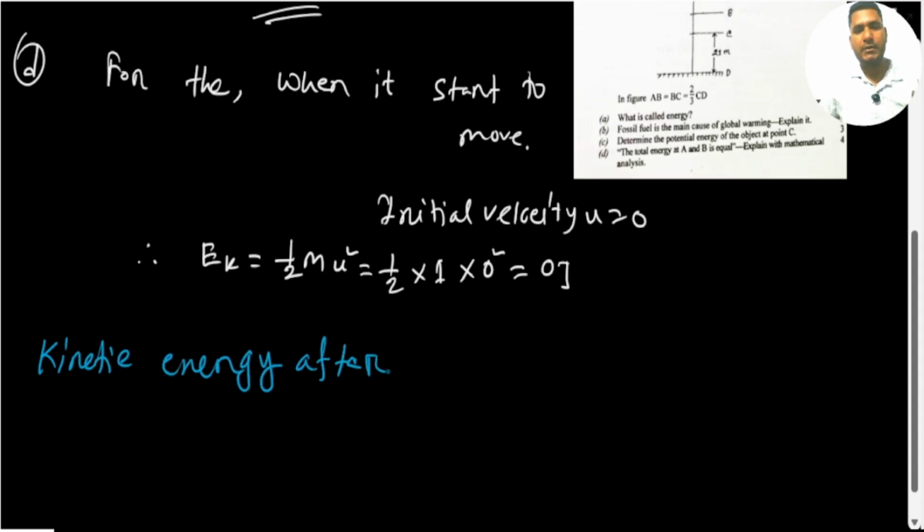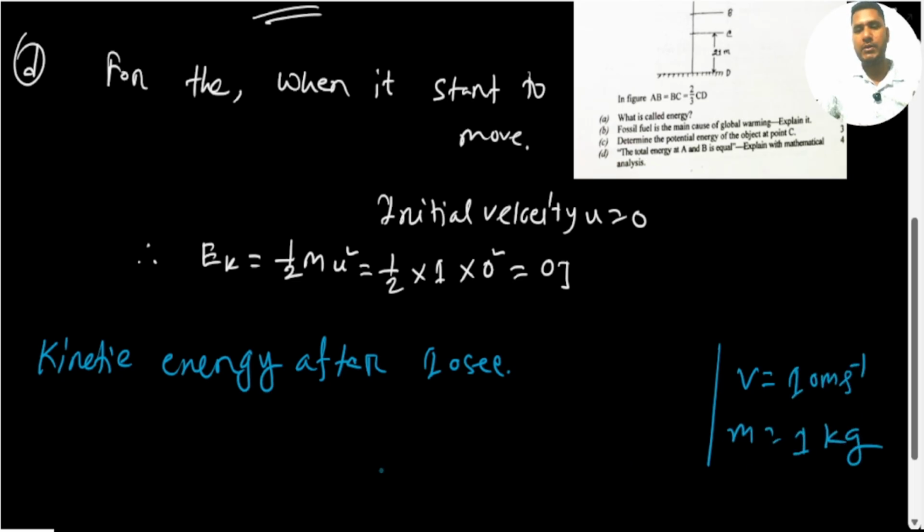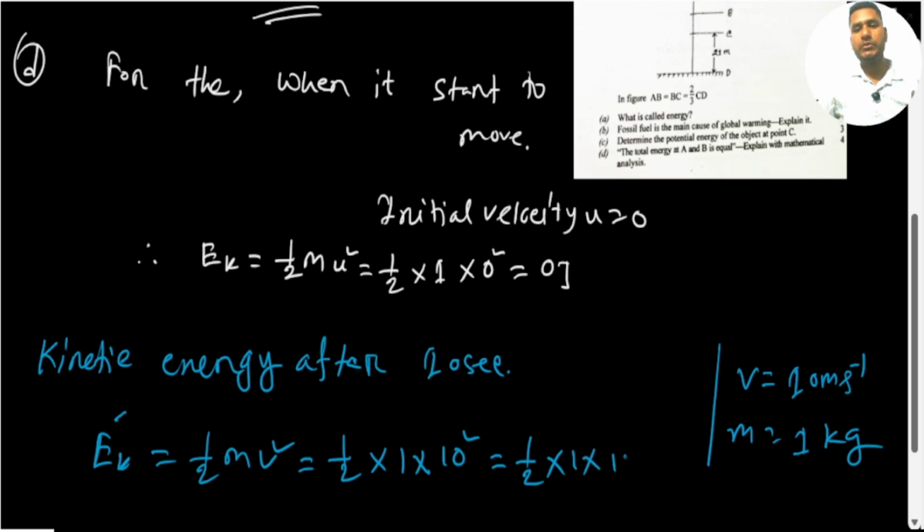Here V is 10 m/s and mass remains the same, 1 kg. So the kinetic energy after 10 seconds, Ek prime, will be half m v square, equal half into 1 into 10 square, equal half into 1 into 100, equal 50 joule. So kinetic energy is 50 joule here.